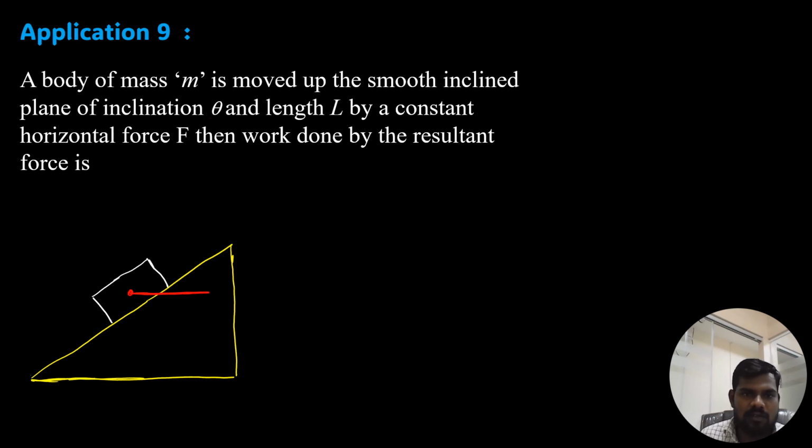So the horizontal force is given as capital F. Next, the weight of the body is also acting, always vertically downward. This is the weight, W is equal to mass into gravity, mg.